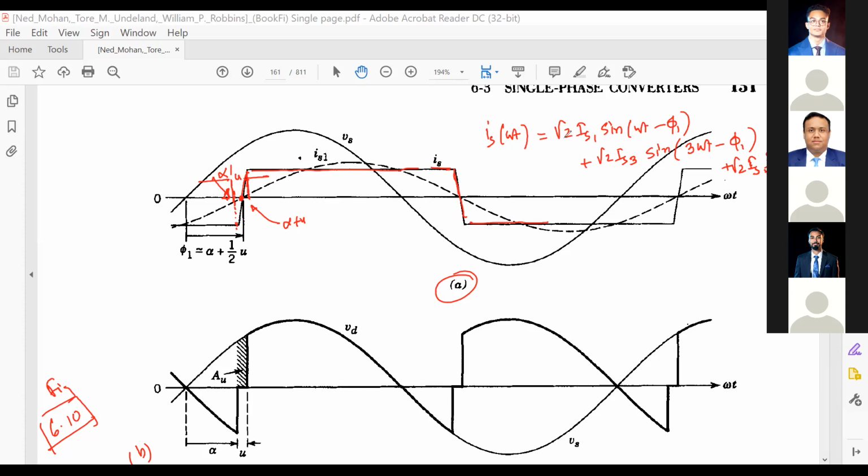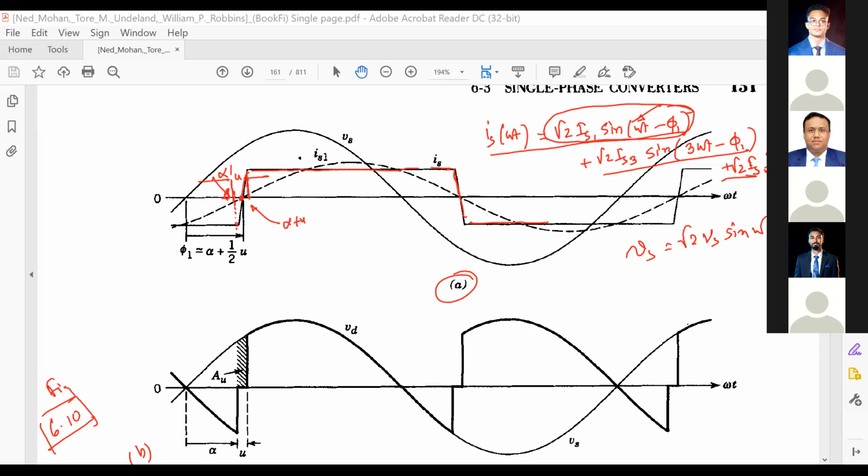So this is nothing but the Fourier series analysis of your trapezoidal current. So what is this component? This is the fundamental component, right? This frequency is the same as your Vs equal to √2 Vs sine of omega t. Am I correct or not?